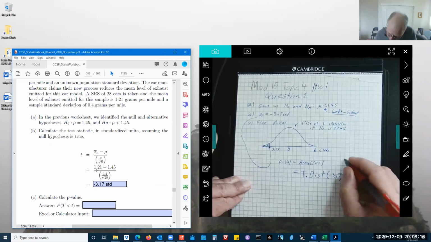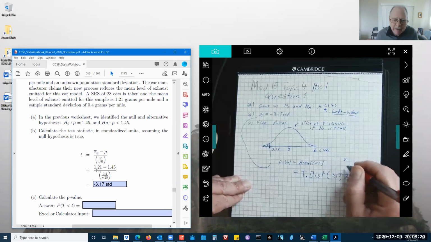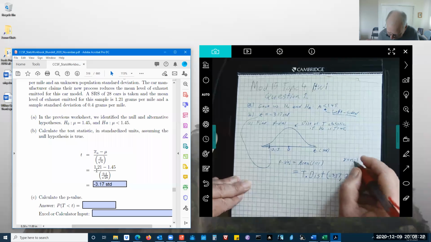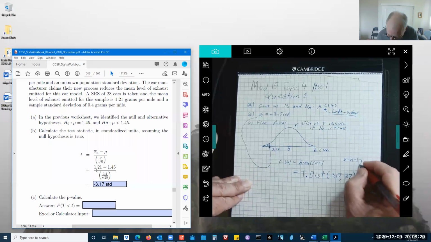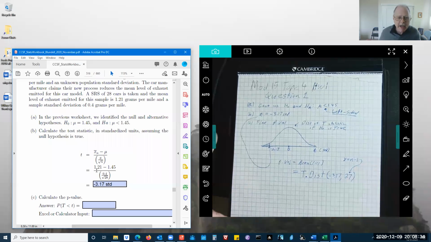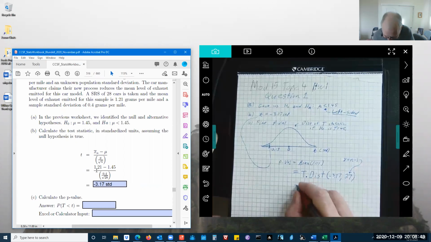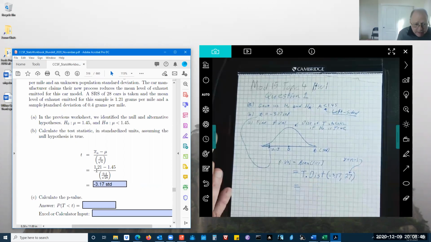But this thing here is the number of what they call degrees of freedom, n minus 1. That's what you type into the tdist function. And so we'll get an answer.